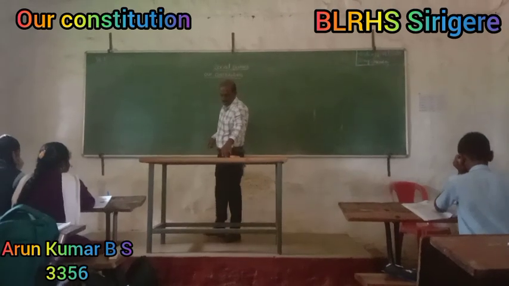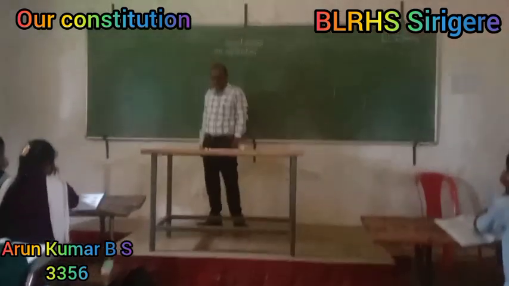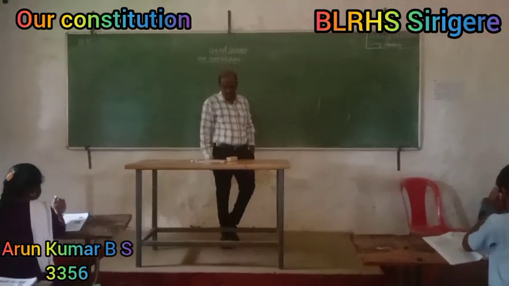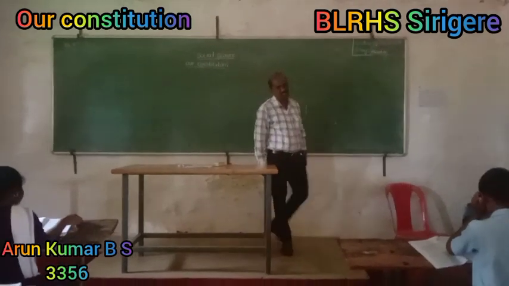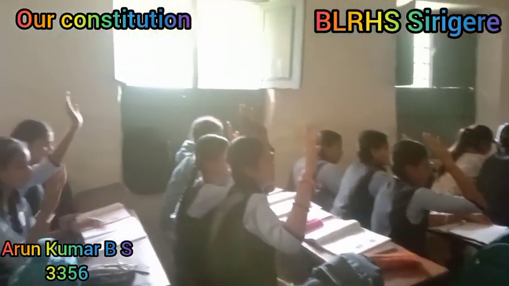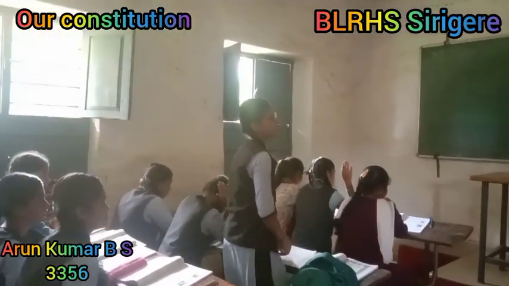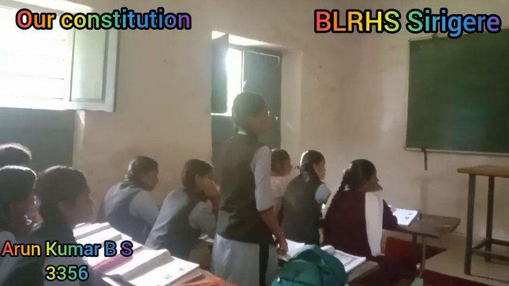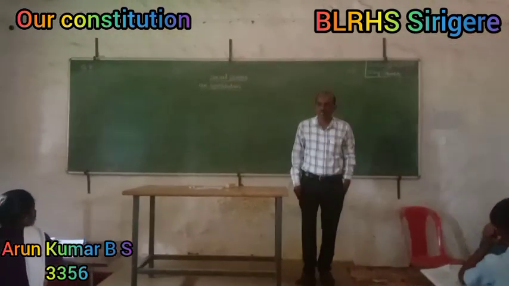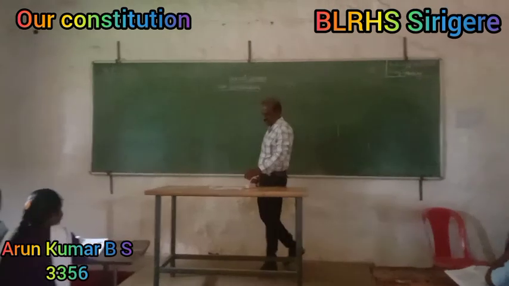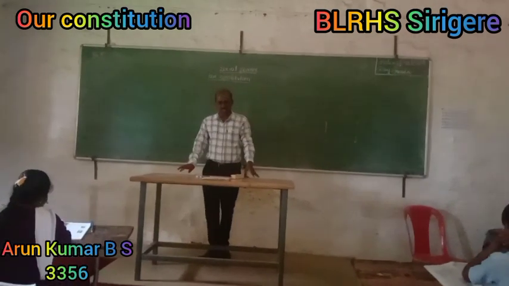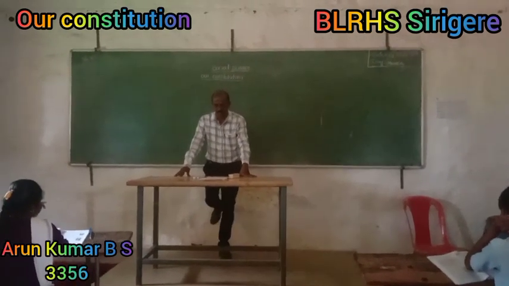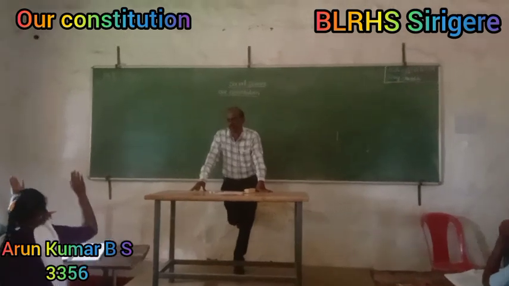So first question is, when was the first meeting of the Constituent Assembly held? 9th December 1946. Very good, right answer. So who was the chairman of the drafting committee of the Constitution?